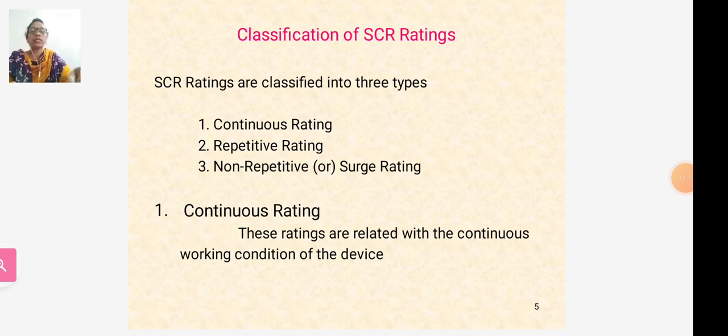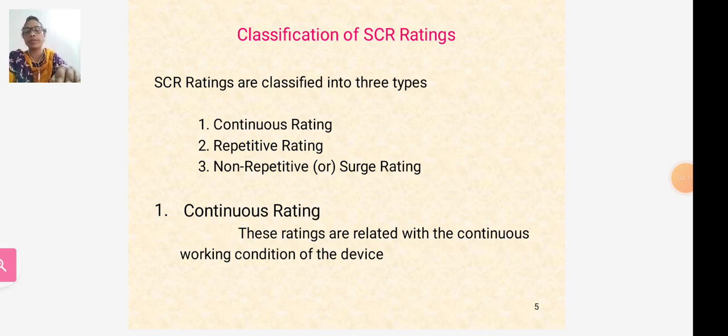It is expressed in terms of average or RMS values, depending upon whether the device is operating with unilateral or bilateral voltages. The repetitive rating is useful when the device is switched on periodically.